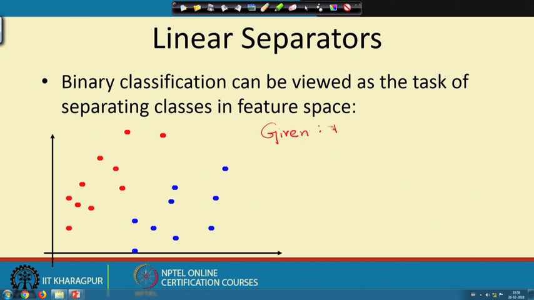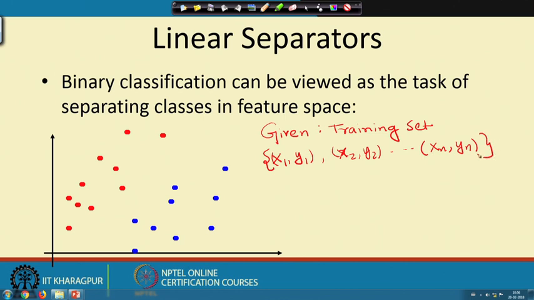a training set which is of this form, a set of vectors, in this case 2 dimensional vectors, and their class labels x2, y2, a set of vectors and their class labels.